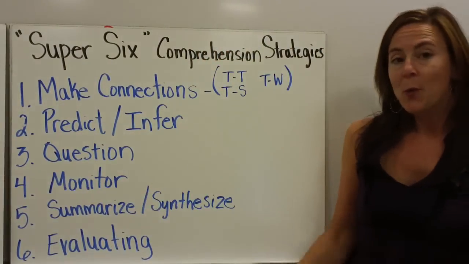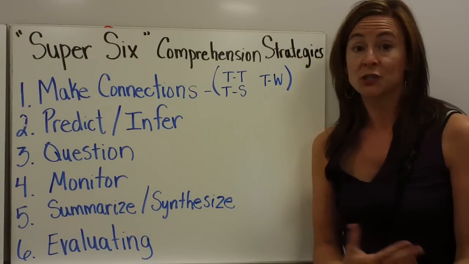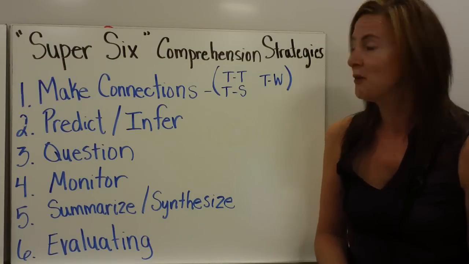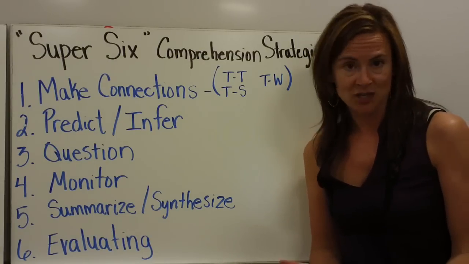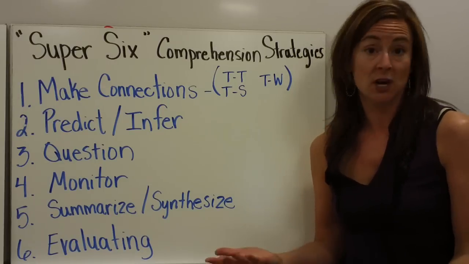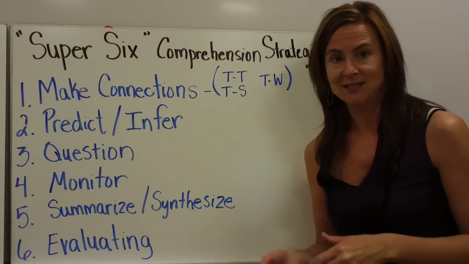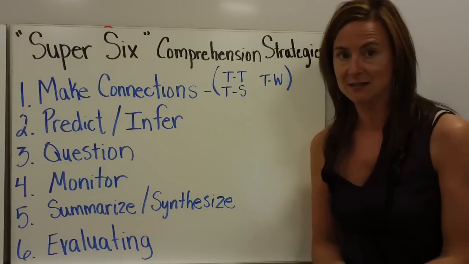To review, when we annotate a text, we definitely want to keep in mind our Super 6 comprehension strategies. Let's just take a moment to review those. Remember that successful readers make connections. As they read, we talked about the two voices, the voice that reads the words on the text, and then the voice that has the thoughts as you're reading, interacting with the text.